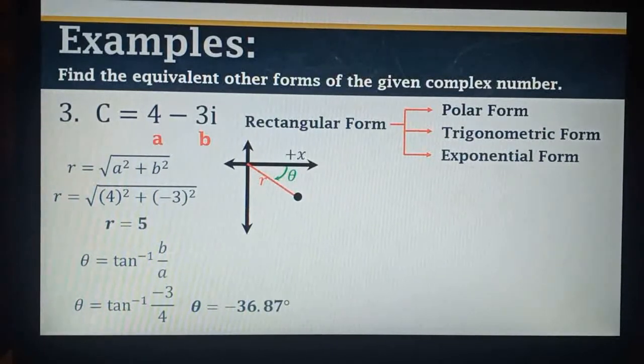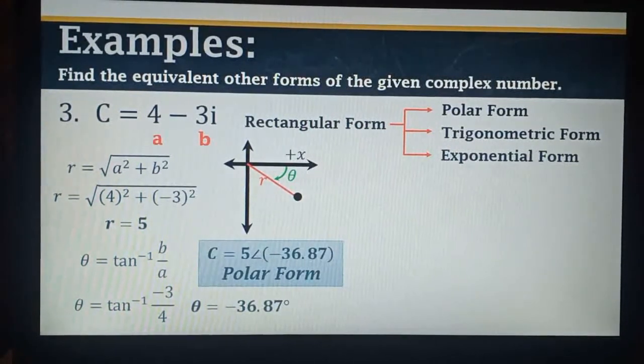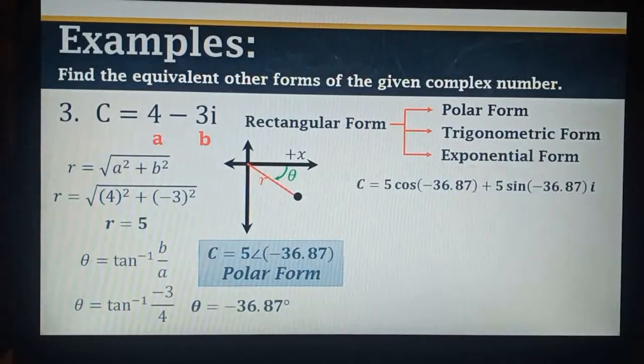Since your angle is already from the positive x with a sign of negative 36.87, so you can use that angle already. So the polar form is 5 angle negative 36.87. Then for the trigonometric form, you have 5 cosine of negative 36.87 plus 5 sine of negative 36.87i.